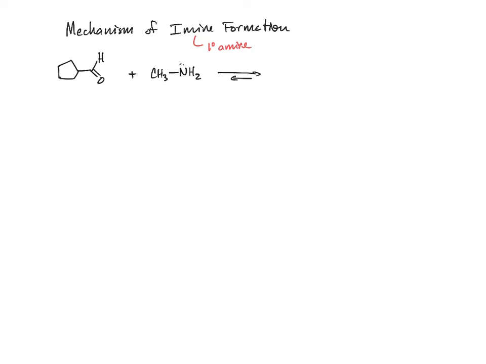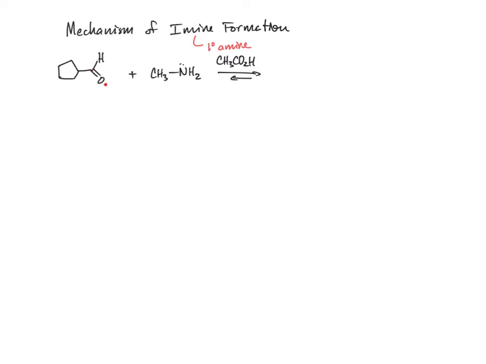And we're going to use acetic acid or ethanoic acid as our acid catalyst. So just by looking at these two components, we can actually just draw what the imine is. Again, this nitrogen is condensing with this carbonyl, so we're losing H2O.